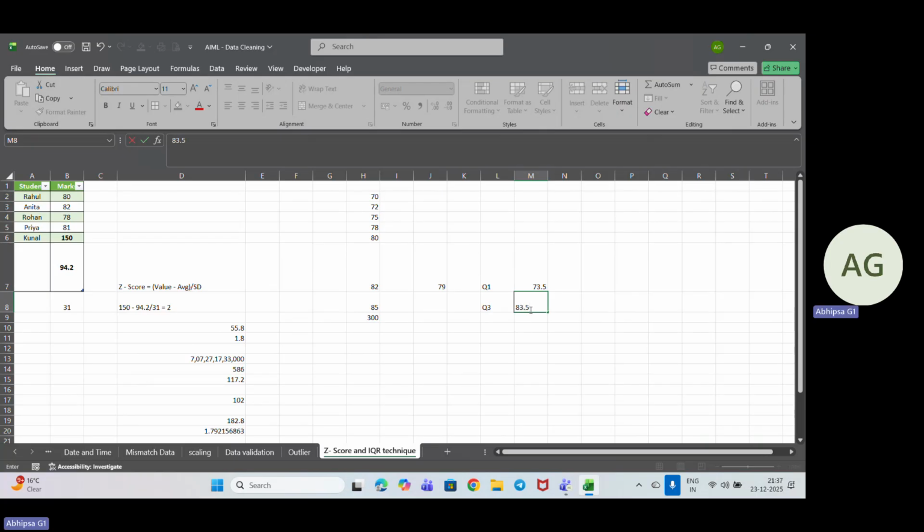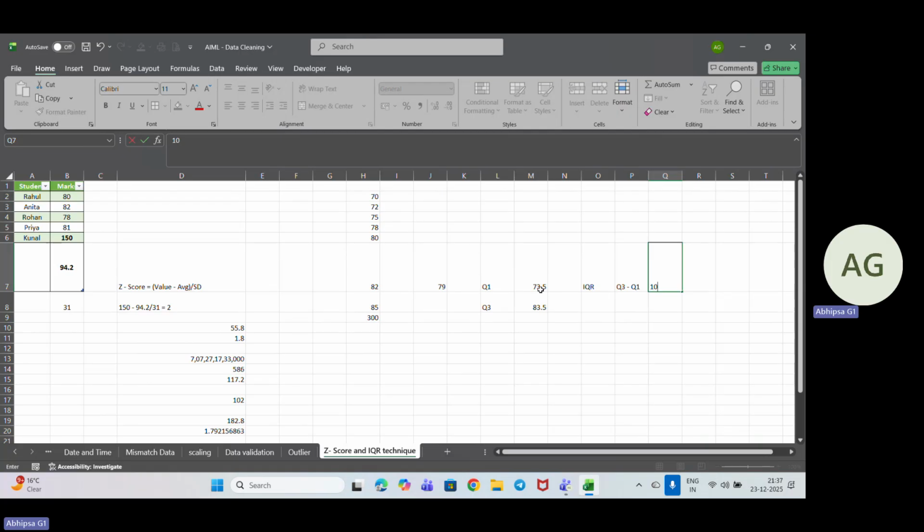Okay. So now what I need to calculate is the IQR, the interquartile range. So how will I be finding it? Q3 minus Q1, that will be my interquartile range. So Q3 minus Q1 would be 10, because 83.5 minus 73.5 is 10, right?